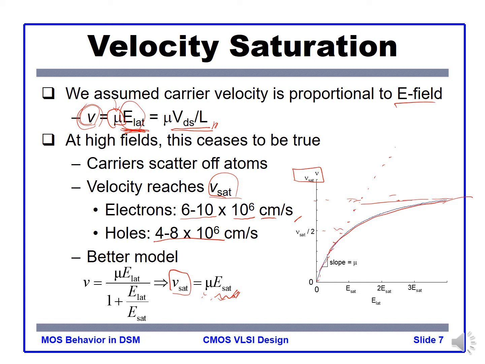For a better model of velocity, the electron velocity is mu times the lateral electrical field, divided by 1 plus the field over the critical electrical field defined there. So you just follow this curve, right?